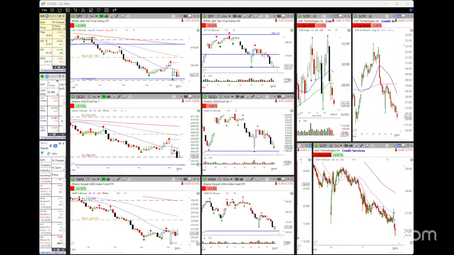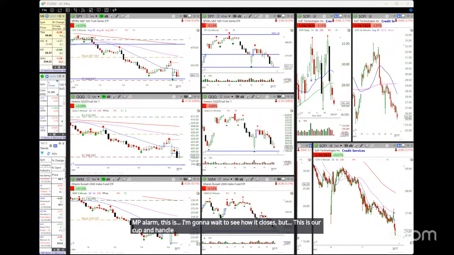MP alarm. I'm gonna wait to see how it closes, but this is our look up and handle, pull back reversal pattern.